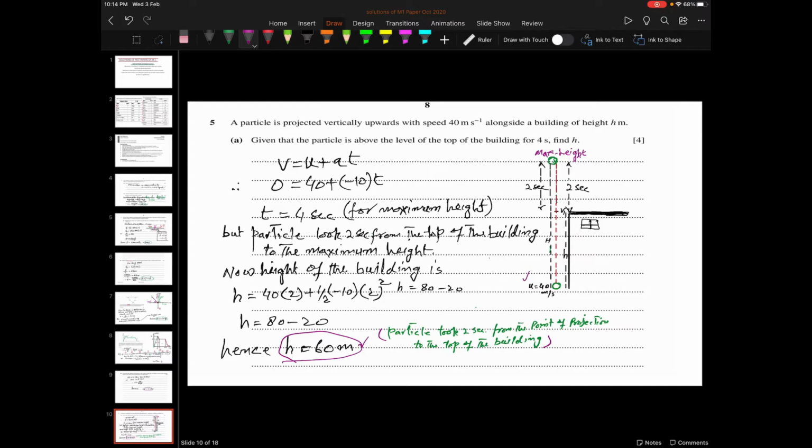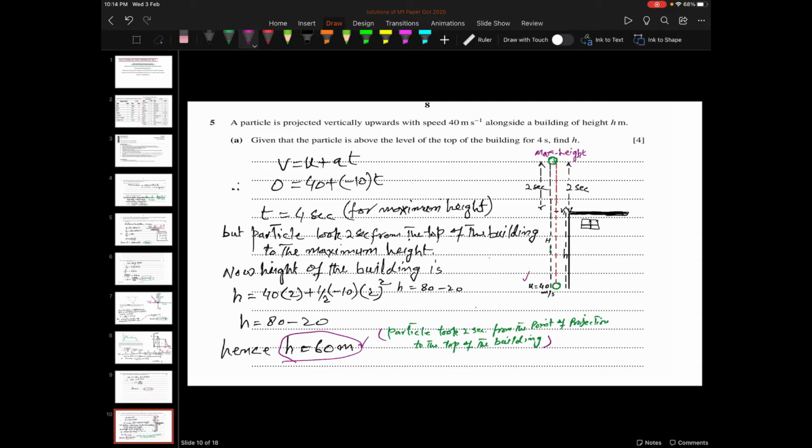In order to find the time taken by the particle from the point of projection to the maximum height, we use v is equal to u plus at.